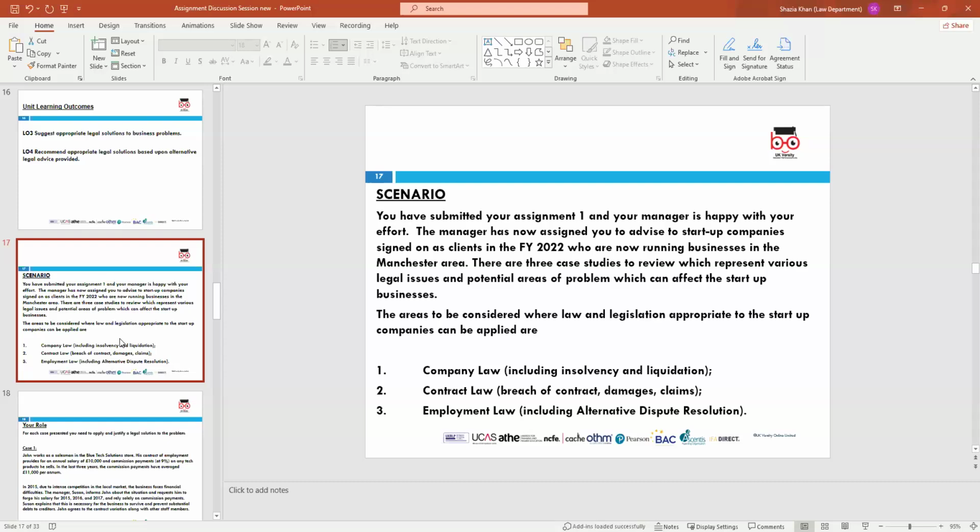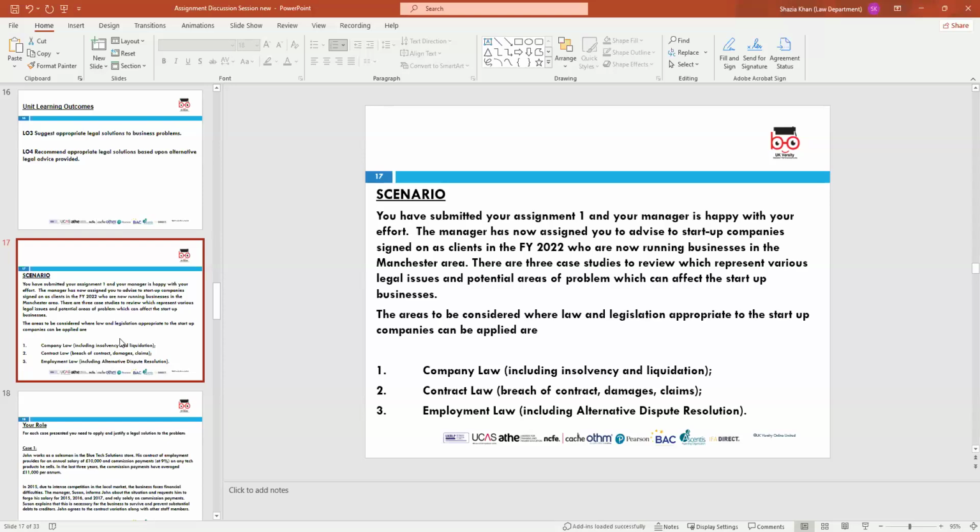There are 3 case studies to review which represent various legal issues and potential areas of problems that can affect startup businesses. The areas to be considered where law and legislation are appropriate to the startup of companies can be applied. So 1, you need to look at company law, including insolvency and liquidation.